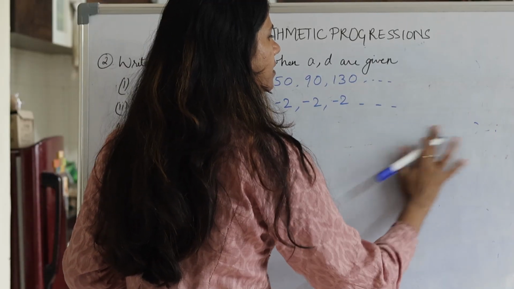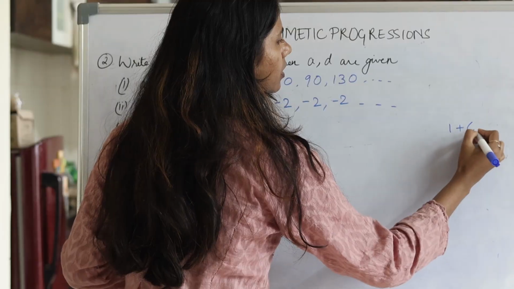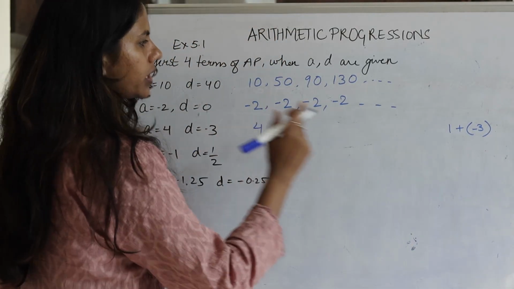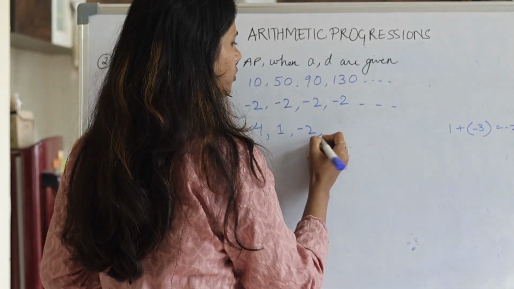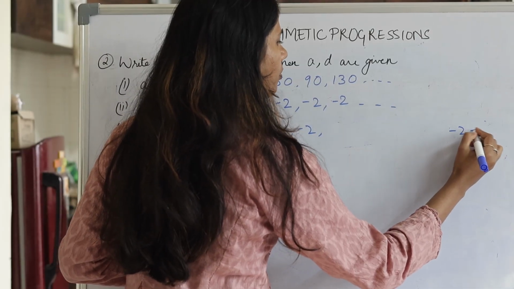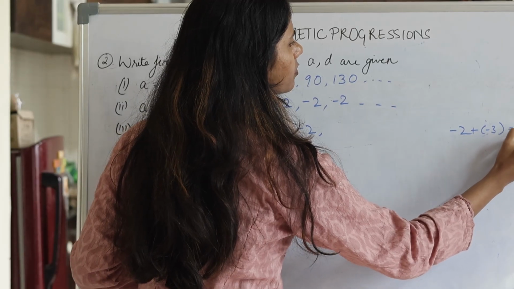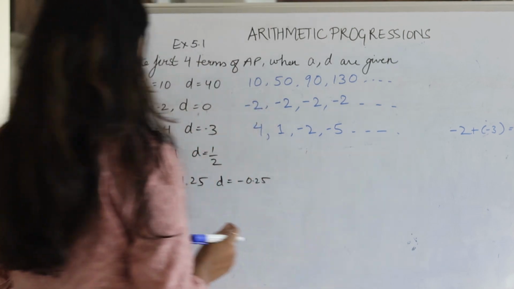Now for the next, 1 plus minus 3. This term plus the common difference will be minus 2. So minus 2. For the next, minus 2 plus minus 3, which is minus 5. So minus 5, and so on.